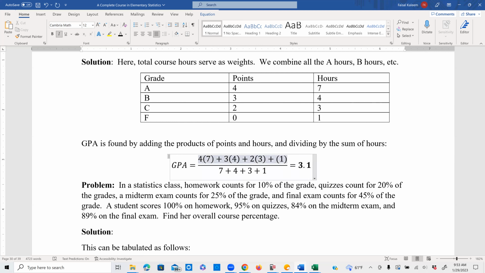So correction, that should be 28 plus 12 plus 6, which is 46, divided by 16. So it's actually 2.88 here.